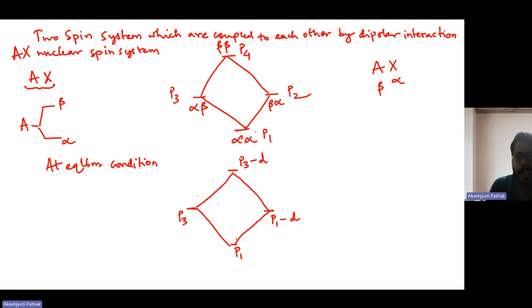So now what happens in this polarization transfer experiment? What do we do?